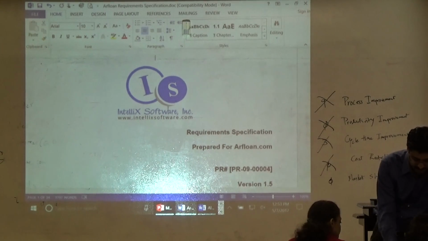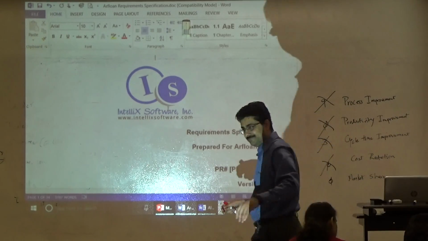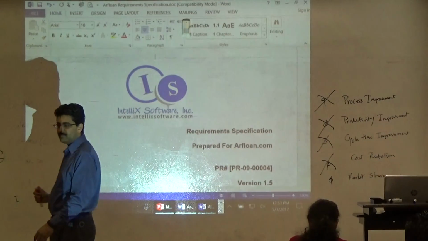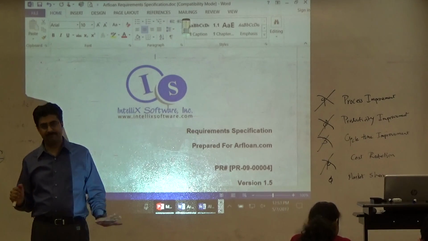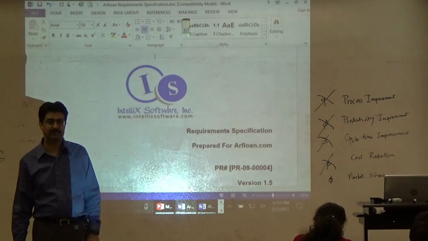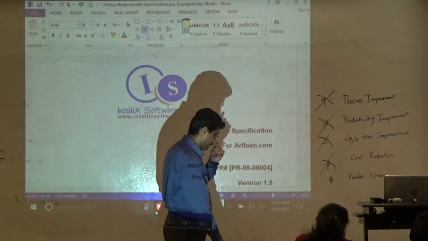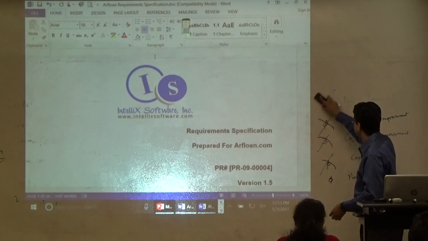You want to read from here to here, this many pages. It's about 55, 60 pages, and this is one of the very small systems. Again, there are two documents.